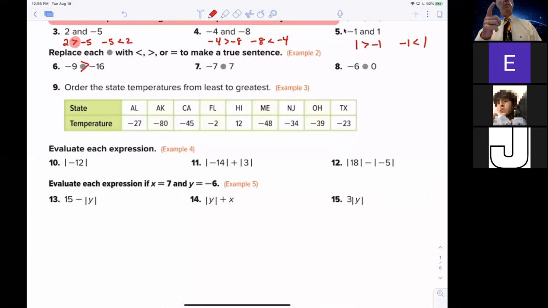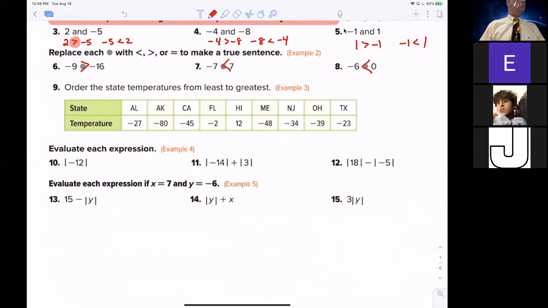Number 7. Yeah, but it's starting with negative 7, though. That is exactly correct. And next? Nope. You got to read the first number. Negative 6 is less than 0. That is perfect. Okay, very good.